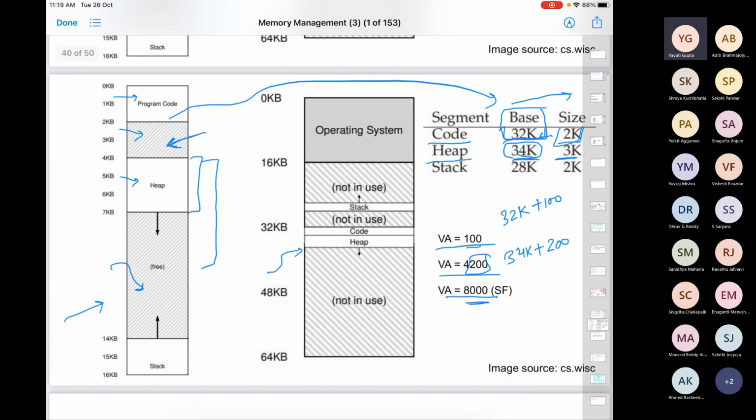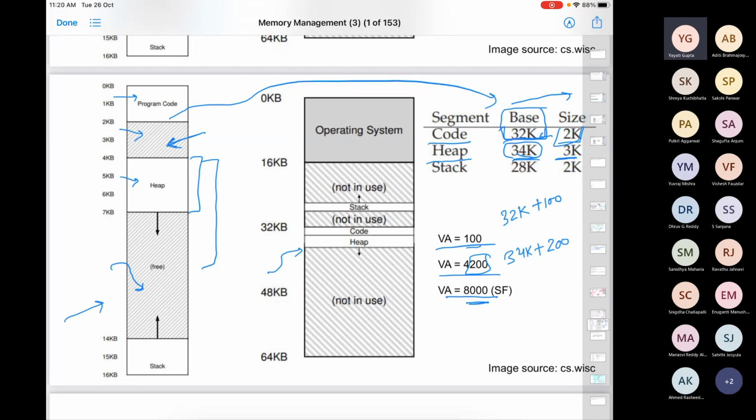Any question here? Are we done, or do we need to add something to this figure? I expect a question here.